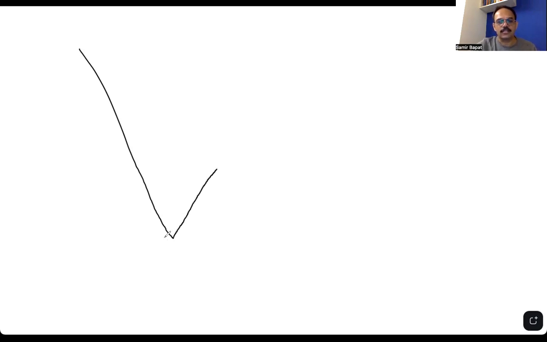Okay, so this is the first bottom which has formed. Then it will go up, then it will come down, and it will come to the same level as the previous. Maybe because of the drawing it looks slightly up and down, but it will come to the same level, and again start going up.